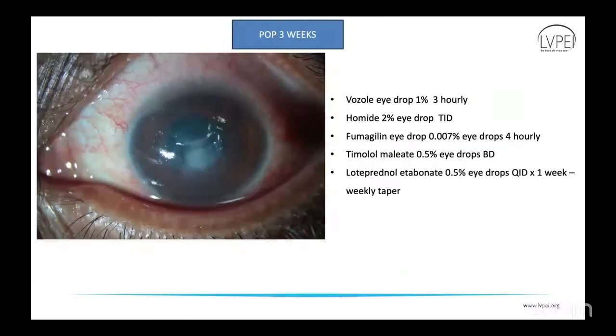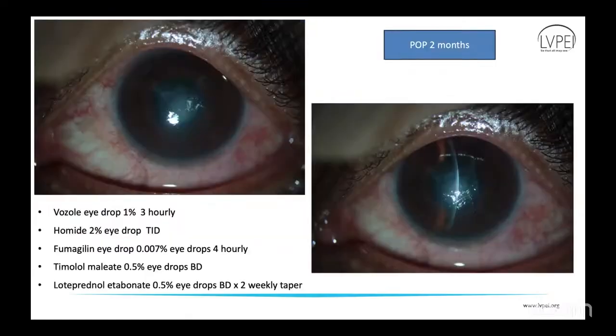This is post-operative 3 weeks, where we could see that the edema had started decreasing and also the infiltrate size. So the same medication was continued, and on top of that, topical steroids were added, as deep stromal microsporiditis will have cellularity without ulceration and will have a good response to topical steroids. This is post-operative 2 months, where the infiltrate size has been slowly consolidating and the edema has also been decreasing.